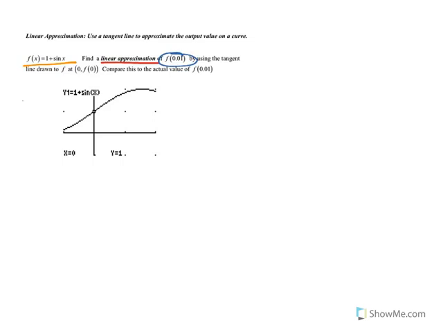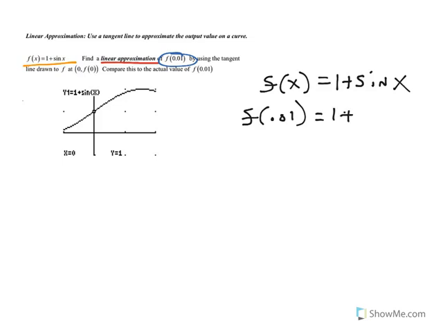So if we took their original function f of x, and they want us to find f of 0.01, it's going to be 1 plus the sine of 0.01.